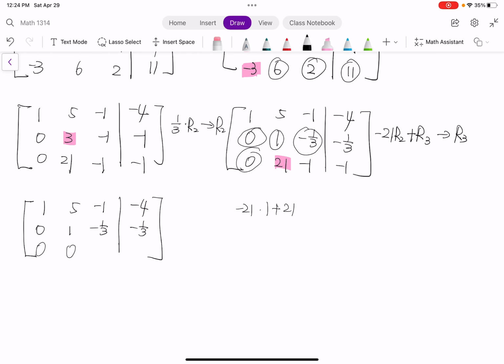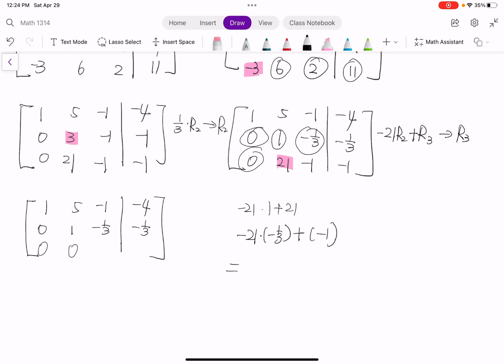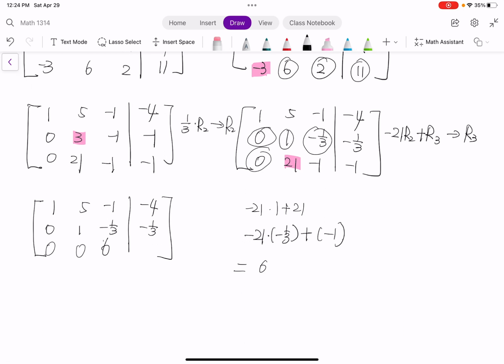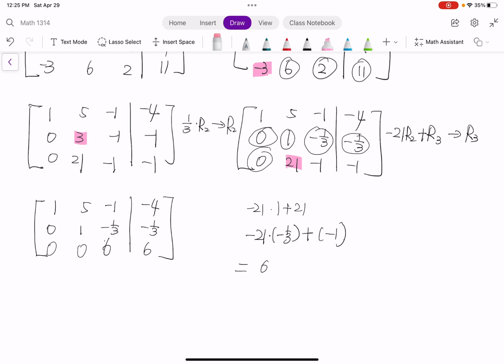And then -1/3 plus, I'm having -21 times -1/3 plus -1. I'm having +7 minus 1. It is 6. Next one, we also use negative 21 times negative 1/3 plus negative 1. I'm having positive 6.